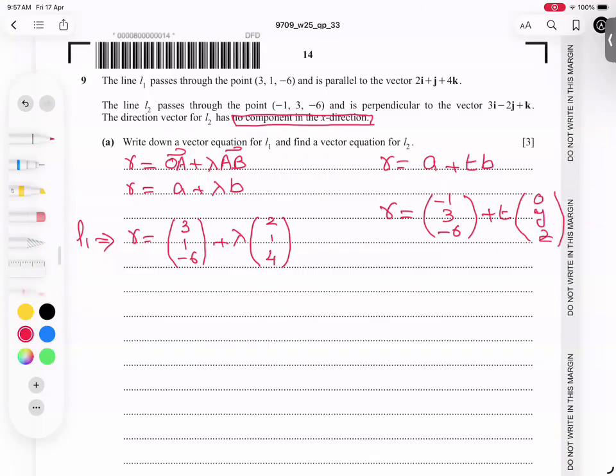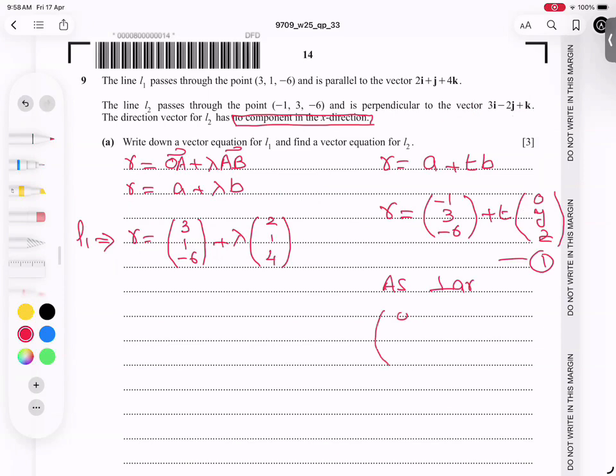So first of all, our job is to get the y and z values. One technical point is given: the direction of this line L2 is perpendicular to this one. And you know, when lines are perpendicular, I will call this equation number 1, the dot product of this with this is equal to 0.